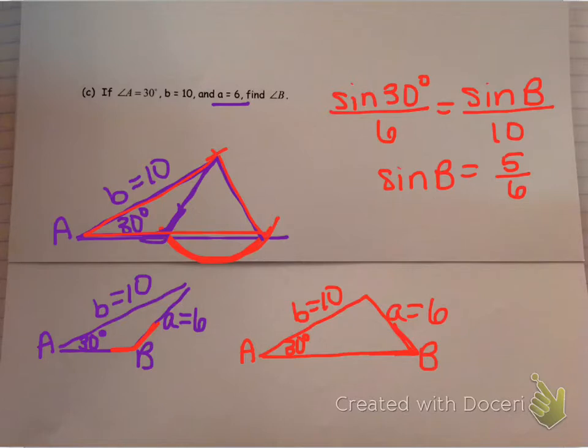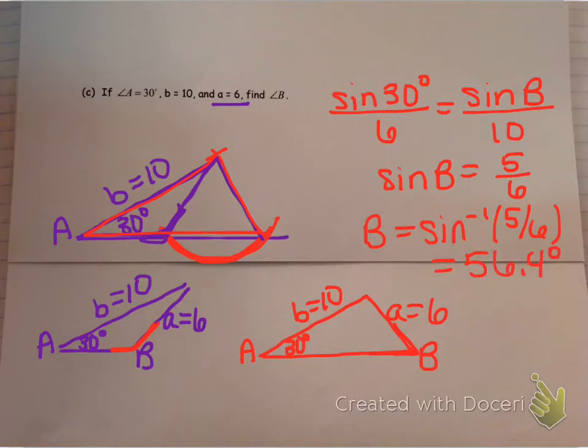The fact that it's smaller than 1 is what tells us we're going to have two answers initially. Okay, just initially. And the way we would find our first answer is we would do inverse sine of that 5/6 right there.